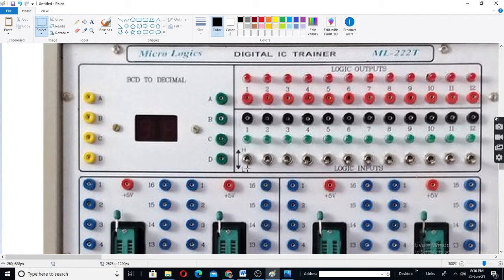When you operate this switch to the upside, upwards, it will be high, means 1 or plus 5 volt. When you operate this to the downside, it will be low or 0 or 0 volt. And then observe the output here.